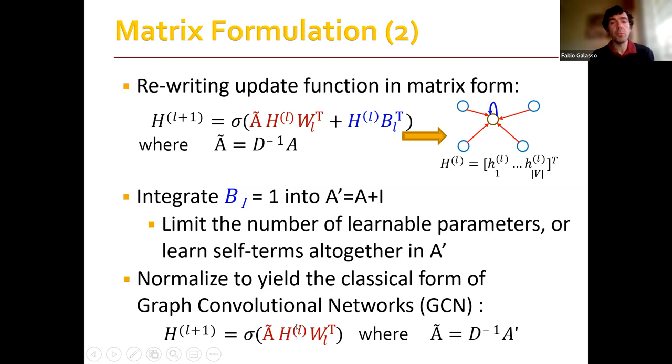So here you've got your embedding. W specifies the transformation that your neural network does, and A is your adjacency. So this is encoding how each node is connected to other nodes. So it's a simple formula that you need to repeat.